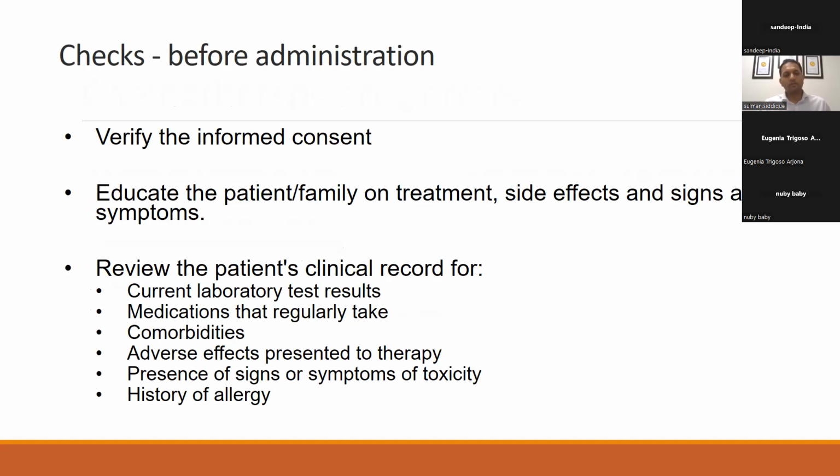So before administration, the checks are that you verify that there is an informed consent, and you educate the patient and family on treatment, side effects of the drugs, and signs and symptoms of those side effects. You review the patient's clinical record for lab test results, which medications they regularly take, which comorbidities they have, adverse effects presented to therapy in the past, presence of signs and symptoms of toxicity, and history of allergy.